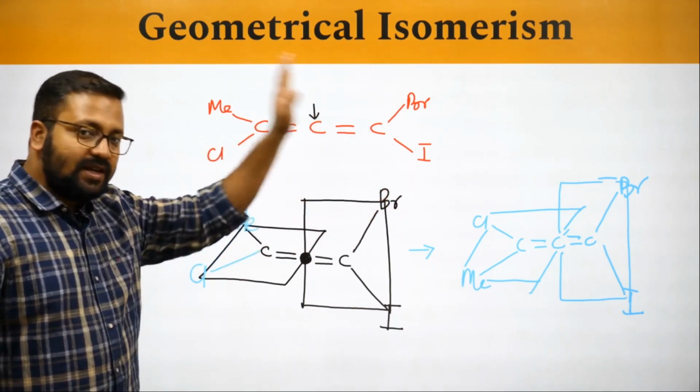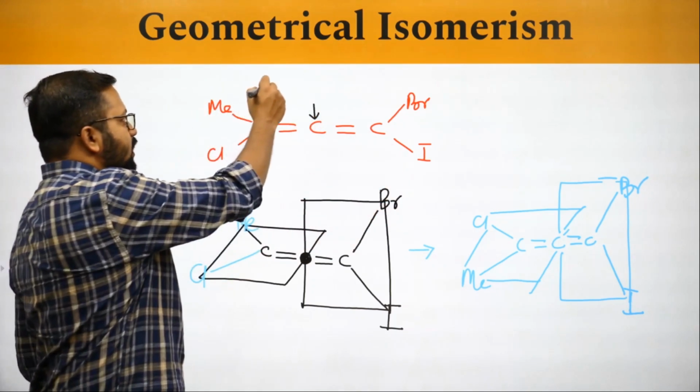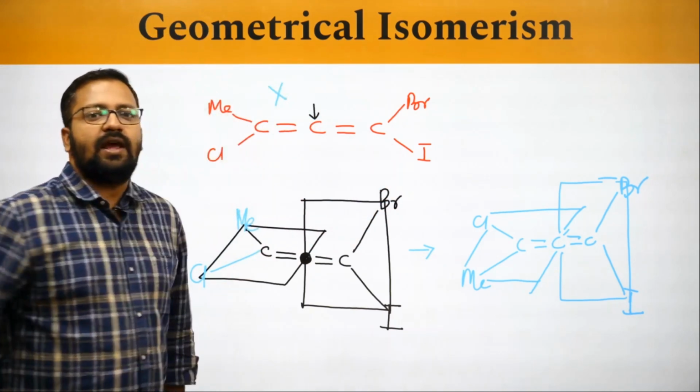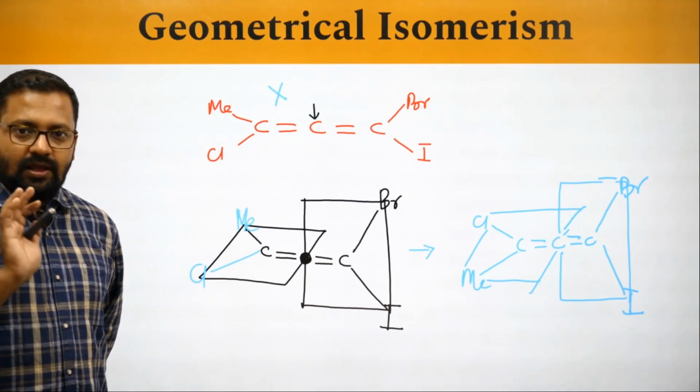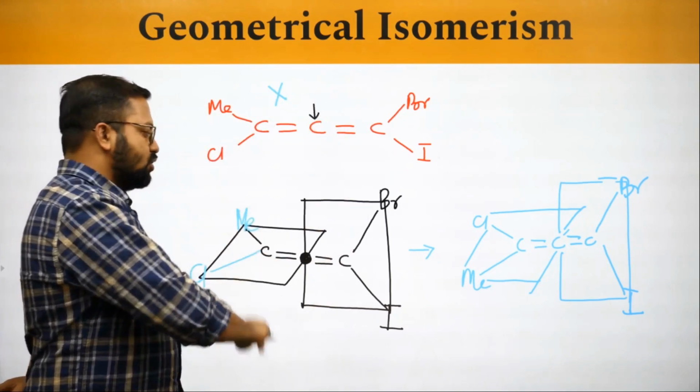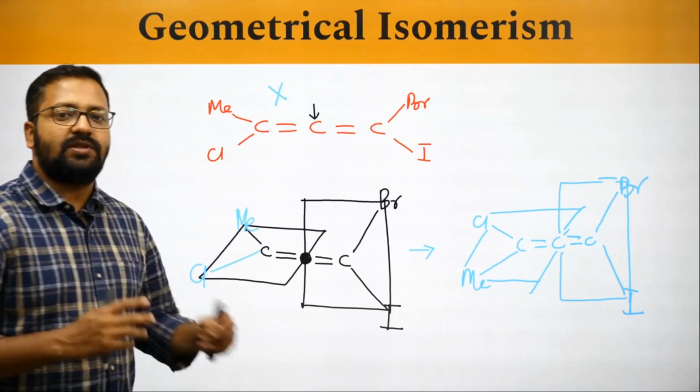Since they are not present in the same plane, this molecule cannot show geometrical isomerism. This molecule cannot show geometry because the whole molecule is not present in the same plane.